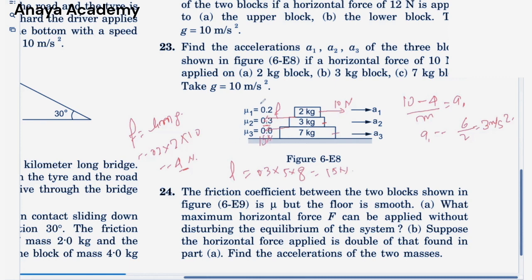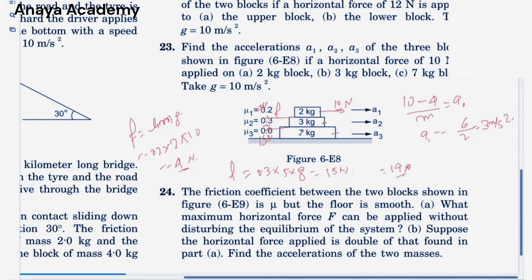So 4 Newton of force is acting at the upper end of the block in the backward direction and 15 Newton of force is acting at the bottom of the 3 kilogram block in the backward direction. So the total backward force is 19 Newton, but the forward force is 10 Newton.